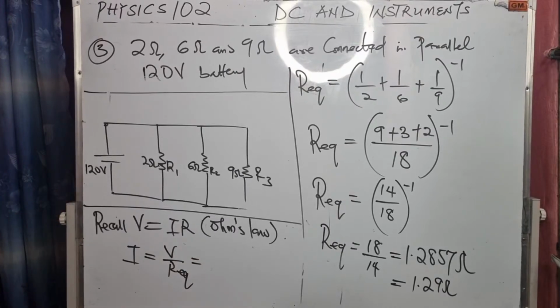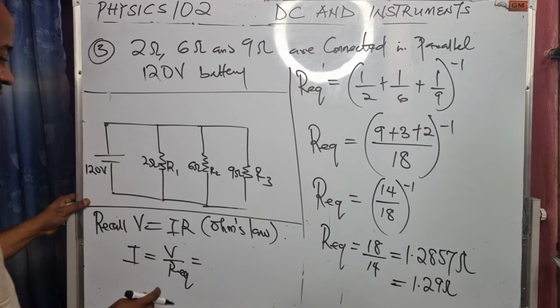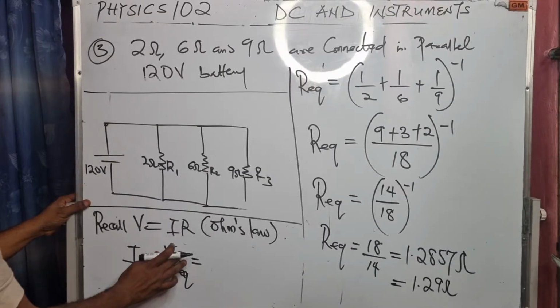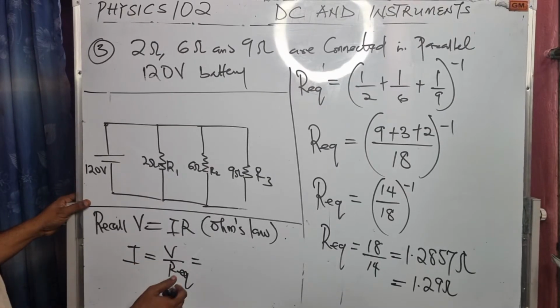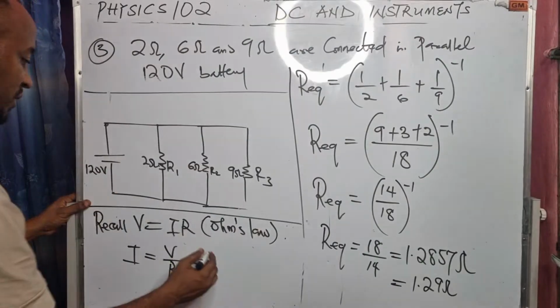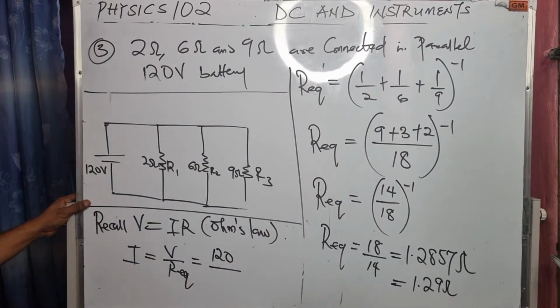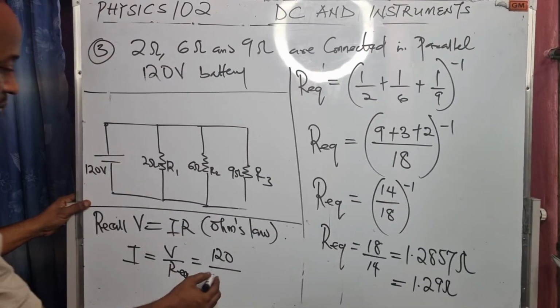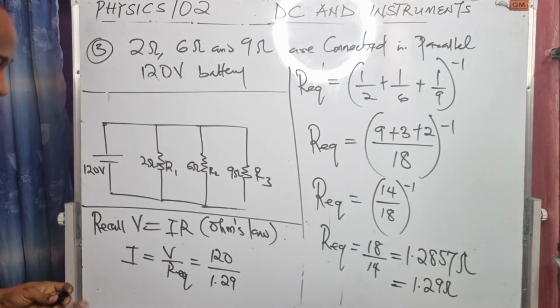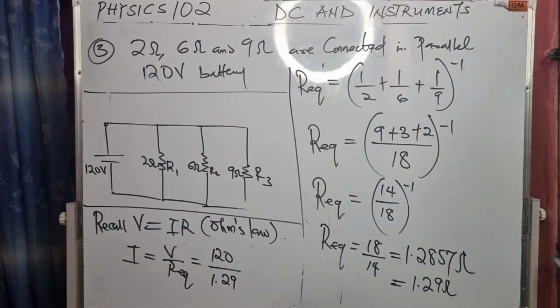Good. So what we do here is that our voltage will give us, we have 120 divided by, what's our R equivalent? 1.29. Let's find the current that flows through the circuit first.